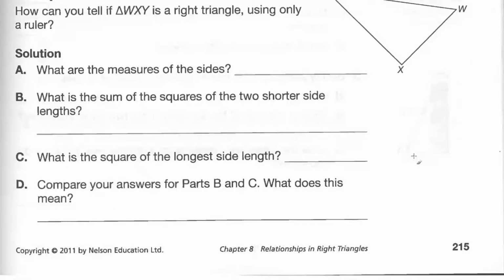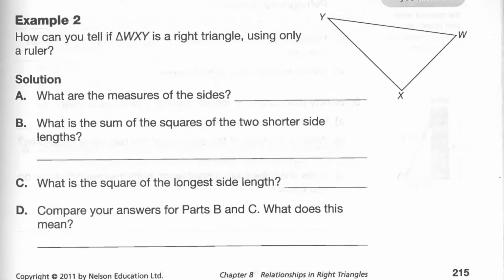So example number 2, how can you tell if WXY is a right triangle only using a ruler? Well, if it follows the rules, then first of all, I'll mark that this is my right angle, then my YW has to be the length that is the square root of YX squared plus XW squared.